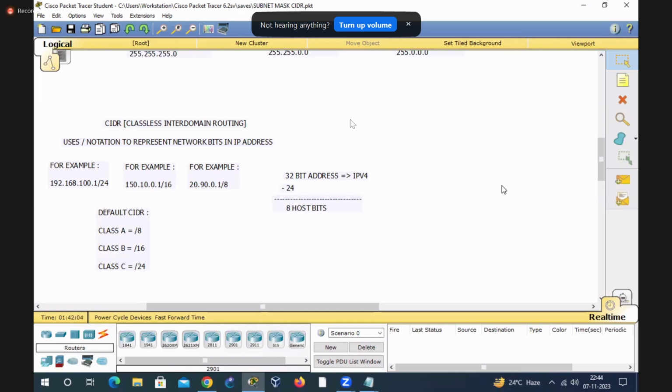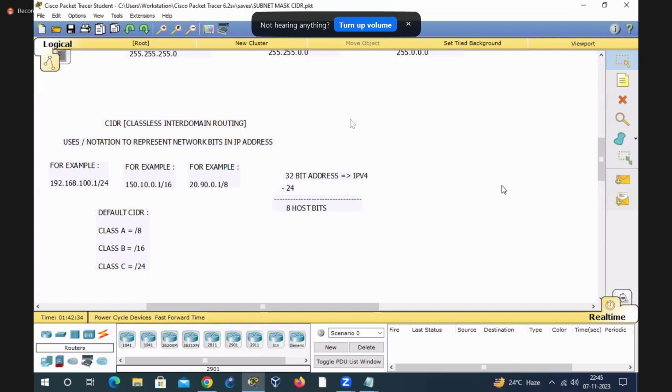For class B, the local range is 128 to 191, and the range is 128.0.0.0 to 172.15.255.255, 172.32.0.0 to 191.255.255.255.